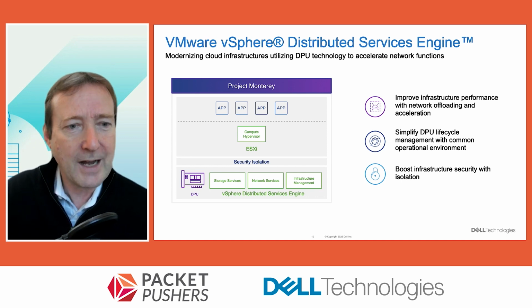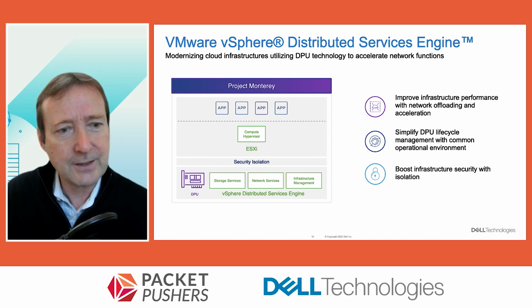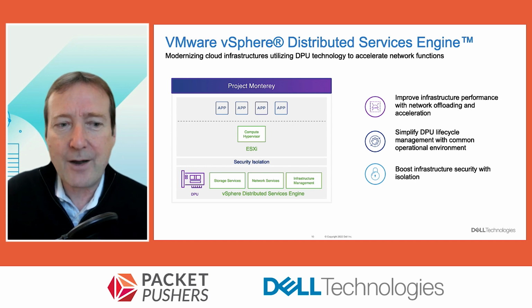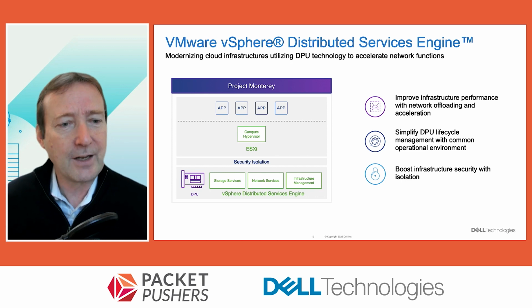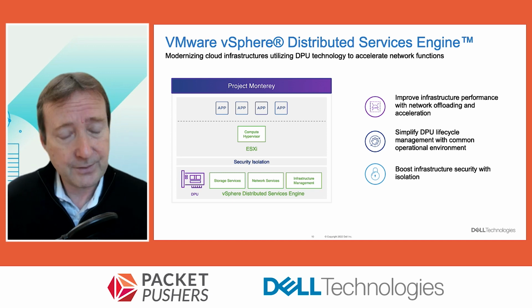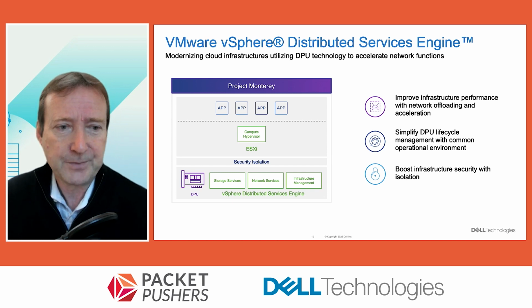As we move forward, we're adding in storage acceleration. We're also looking at being able to do remoting from the SmartNIC. All of these services we can now run because we have a processing engine sitting on the DPU. And we do this all without the customer needing to worry about extra operations, same operational interface.